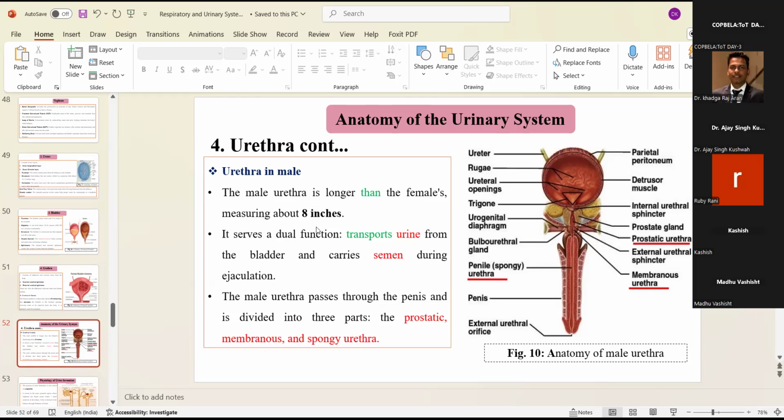First, it helps to transport urine, and second, an important function of the urethra in the male is that it carries semen during the ejaculation process. The male urethra passes through the penis and is divided into three parts: the prostatic urethra, the spongy urethra, and the membranous urethra. That helps in the transfer of semen during ejaculation.